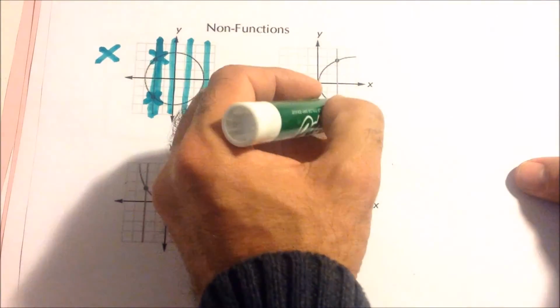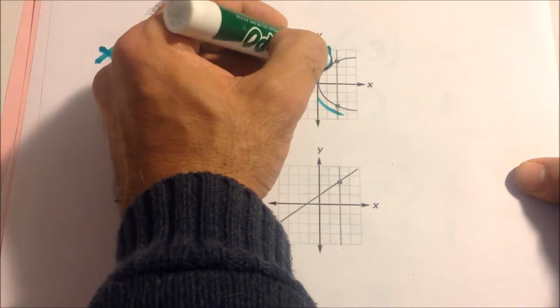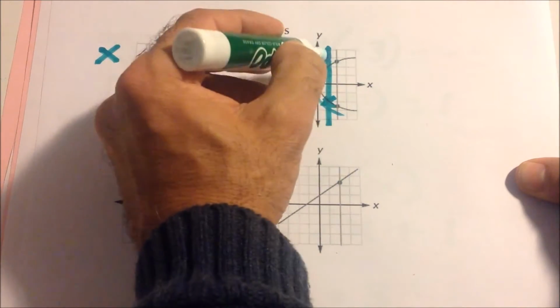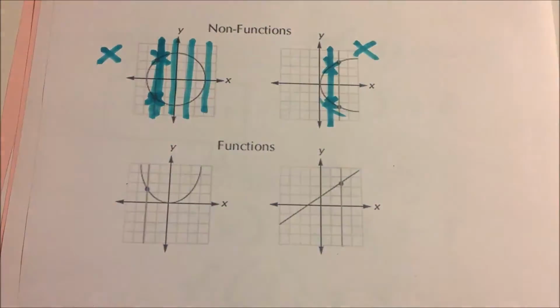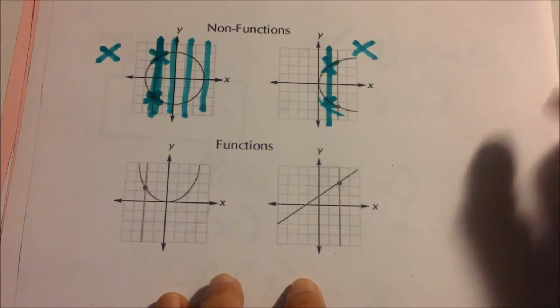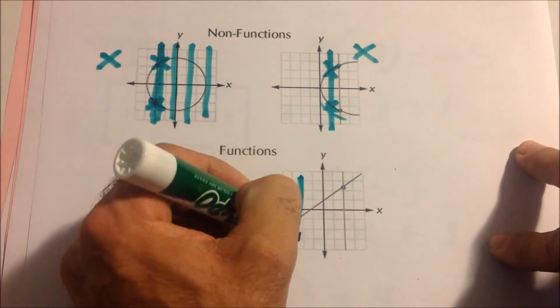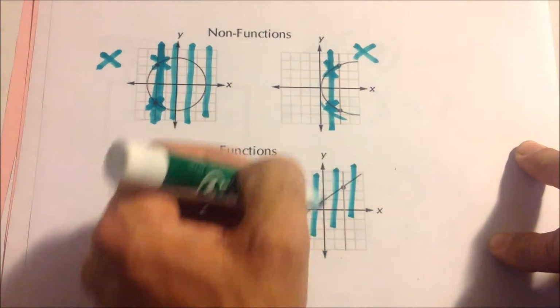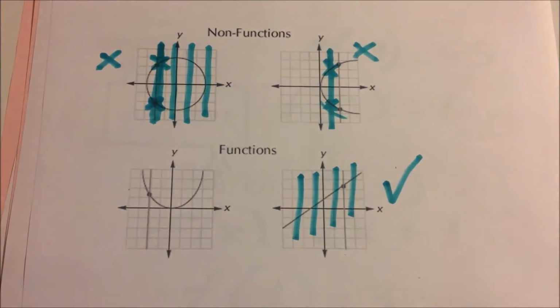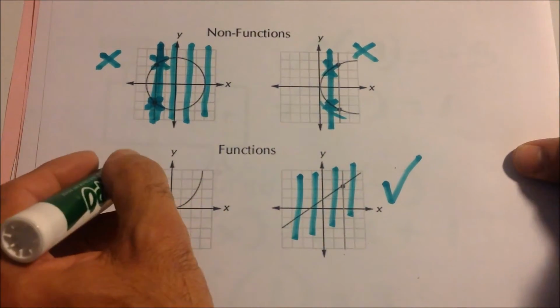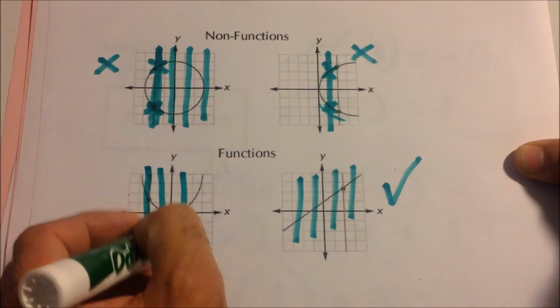What about this parabola over here? So if we draw a straight line, it went through the function twice. Not a function. Okay, so what about this linear equation right here? You draw straight lines, it only goes through that line once. So it passes the vertical line test. If you draw a line on this parabola, it only hits once.